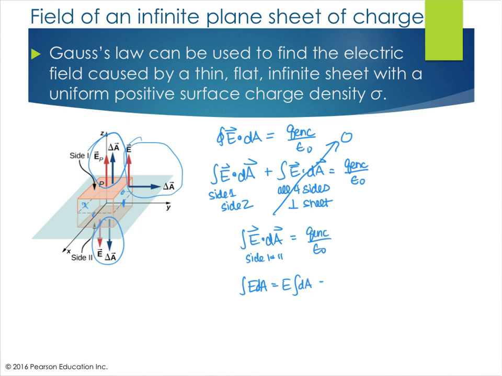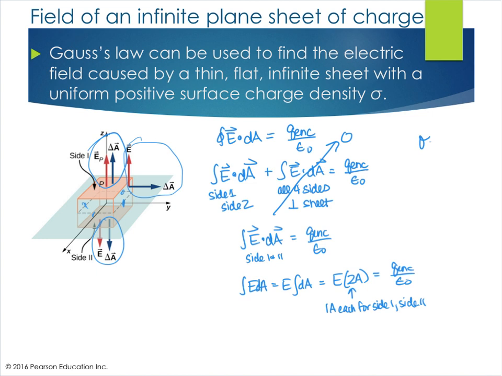And because I do side 1 and side 2, even though both of those have an area of A, my total contribution when I integrate dA is 2A, because I have 1A each for side 1 and side 2. That's why I have 2A. And this is equal to the charge enclosed over epsilon naught.